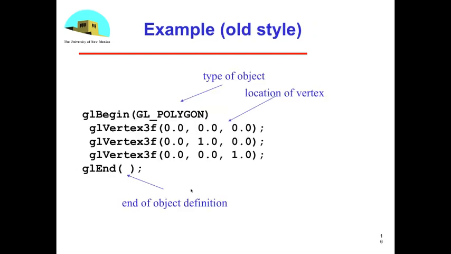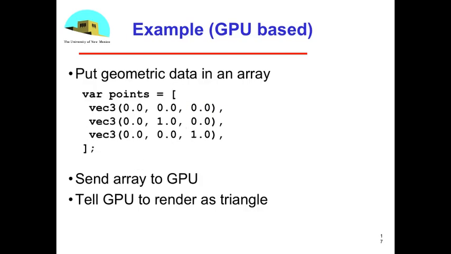What happened in the old example is, as soon as I defined that vertex, off it went to the GPU. As soon as I specified this vertex, off it went to the GPU. Here, nothing is going to the GPU when I define my data. A separate step is required to send that data to the GPU. And as we'll see in the next couple of lectures, you have to form a buffer on the GPU and then put these data into that buffer.